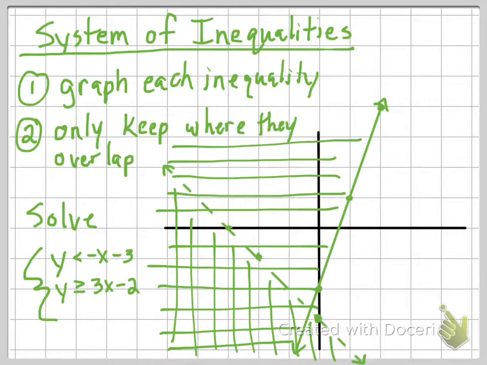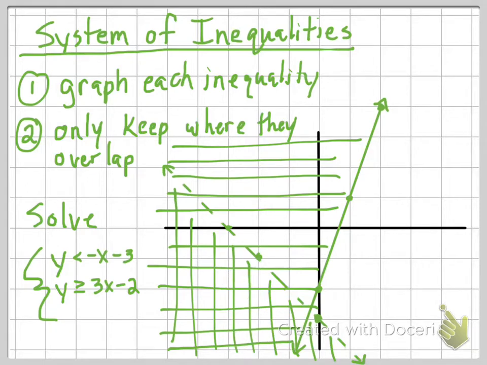Now, as you see, down here, I have vertical lines, but no horizontal. In this section, I have horizontal lines, but no vertical. In this section, I have no lines at all. But over here in this section, I have horizontal and vertical lines. So this is the section where they overlap.